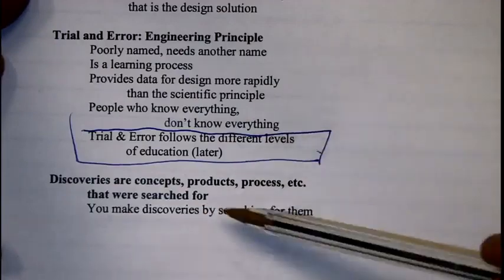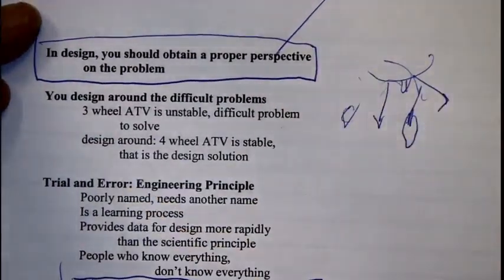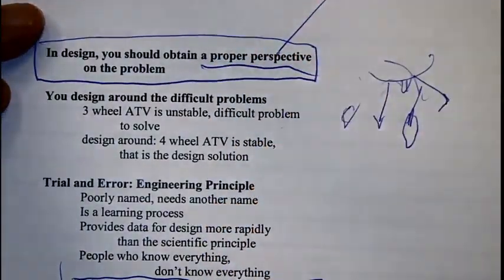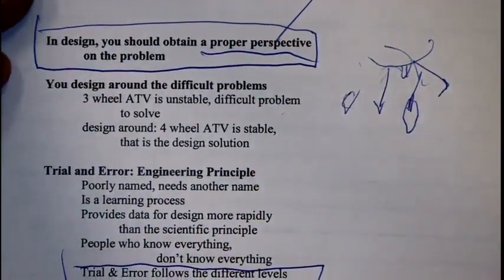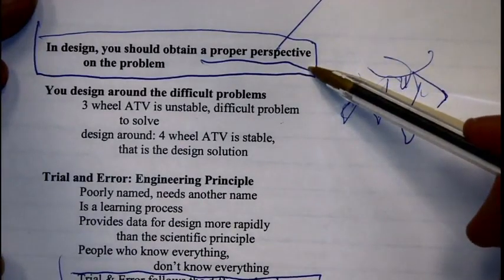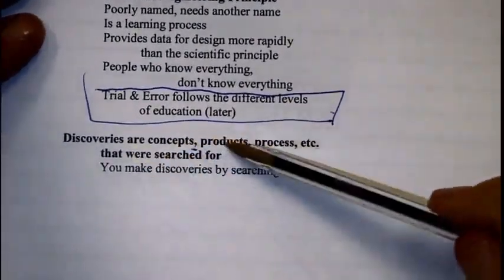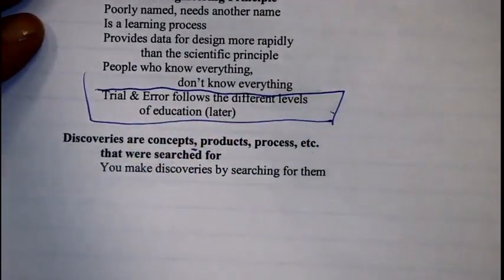You make discoveries by searching for them. In a sense, this combines searching with proper perspective here. It's often said that Columbus discovered America. He searched for America, and he discovered America. So that's an example of a discovery.